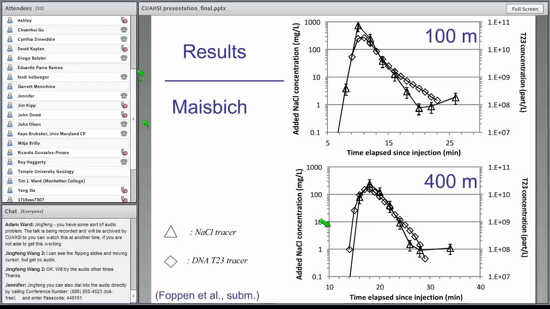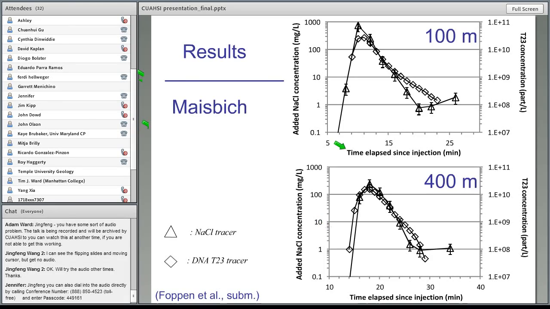And here we have the results of one stream tracer injection experiment, and this is in Sabir stream. It's a small stream located in Luxembourg, and at the time we measured it, it had a few tens of liters per second of discharge, not that much.